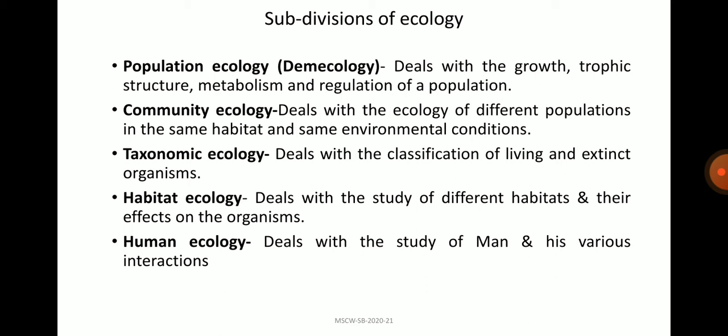The next is taxonomic ecology. It's concerned with the ecology of different taxonomic groups such as invertebrate ecology, microbial ecology, insect ecology, avian ecology, mammalian ecology, etc. You can also say that taxonomic ecology deals with the classification of living and extinct organisms.